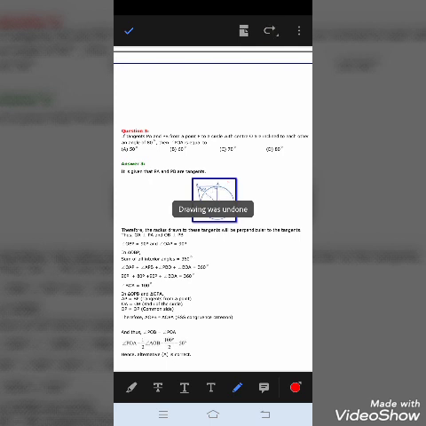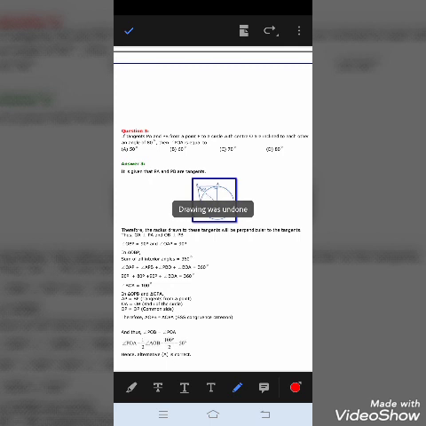The radius drawn to the tangent will be perpendicular to the tangent. Thus OA is perpendicular to PA, and OB is perpendicular to PB. So angle OBP is 90 degrees, and OAP is also 90 degrees. It's already shown in the figure.